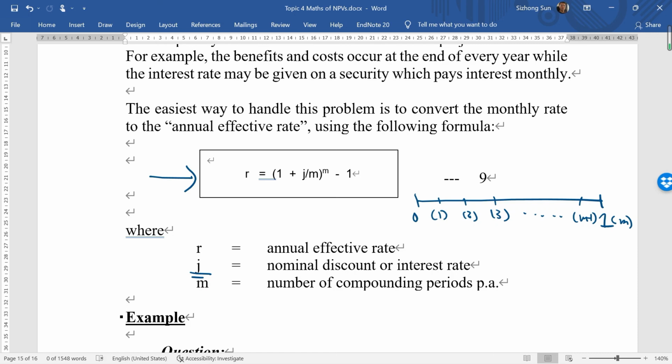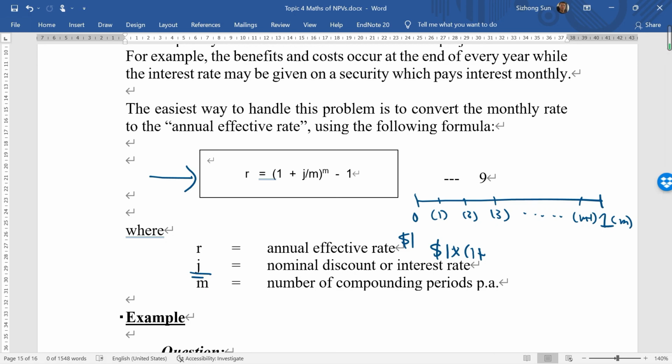All right, in such a case, if I invest $1, at the end of the first compounding period, how many dollars do I have? I get $1 times 1 plus the interest payment, because of the compounding.